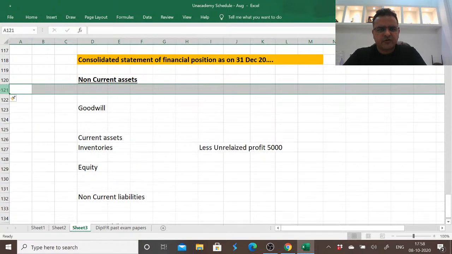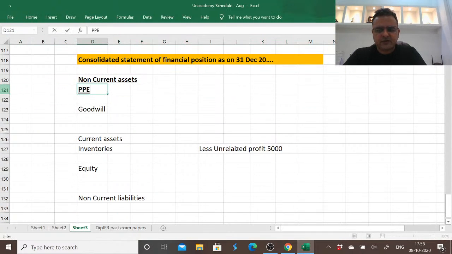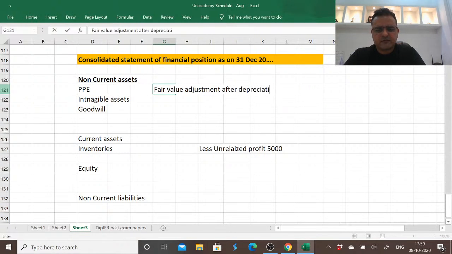The property, plant and equipment or other assets, PPE, intangibles, will have fair value adjustments after depreciation amount.